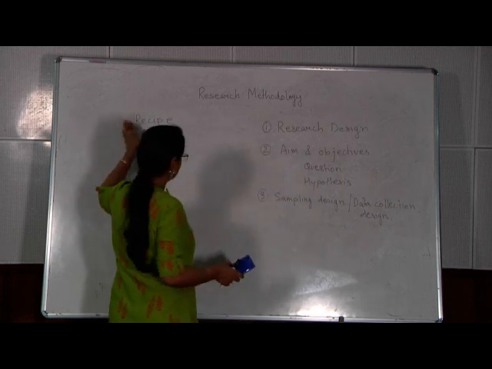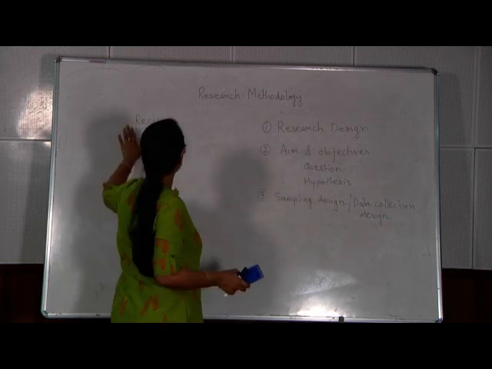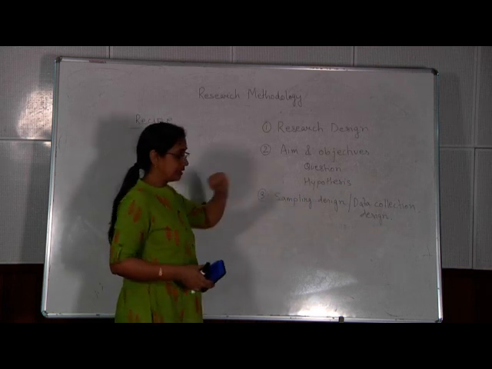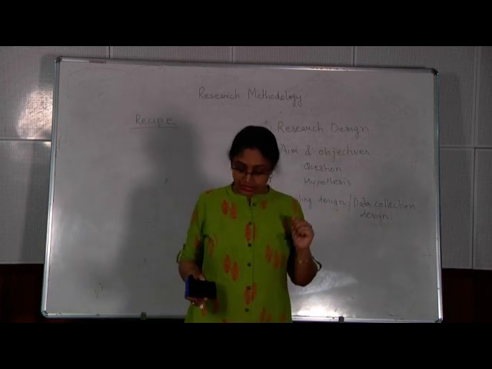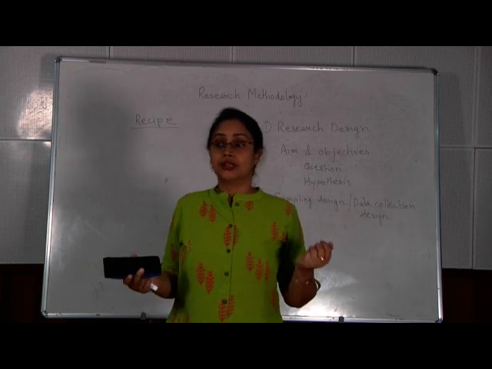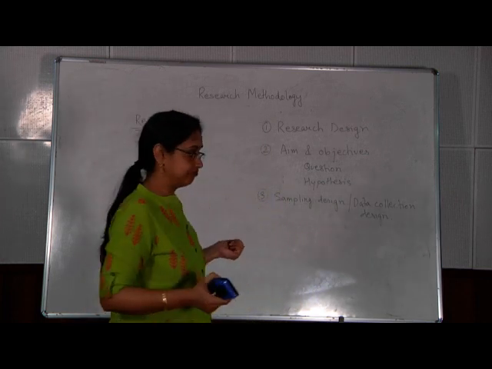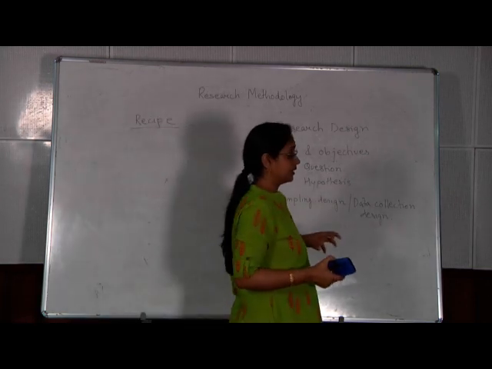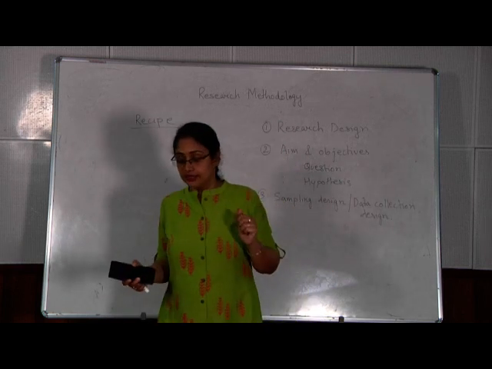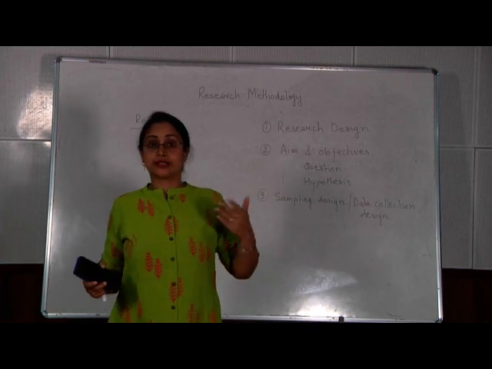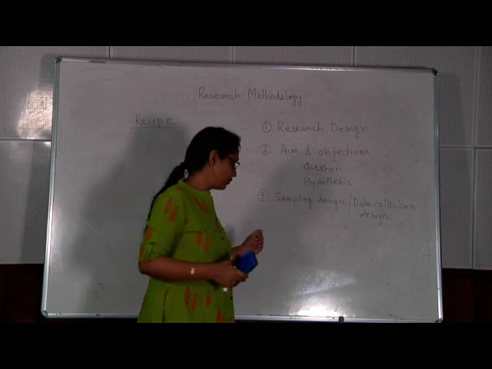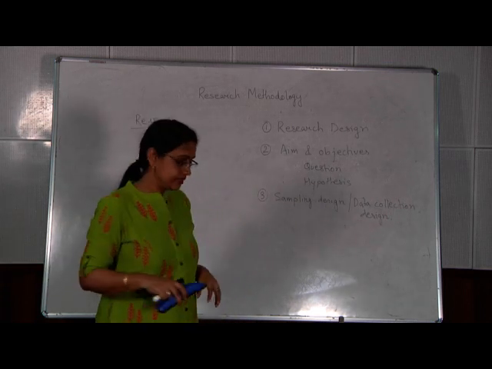Again, to go back to our corollary of a recipe. Now you have told what it is about. You have said that it's a breakfast, it's a dinner, or what sort of a cuisine it is.